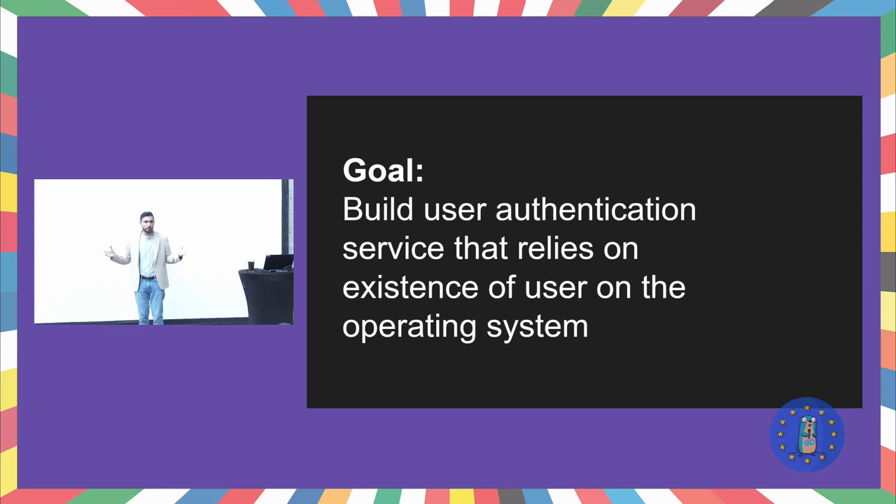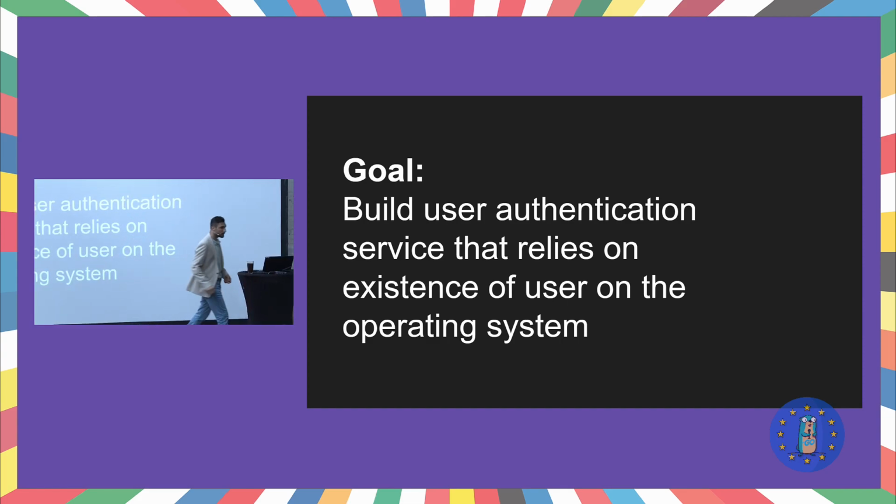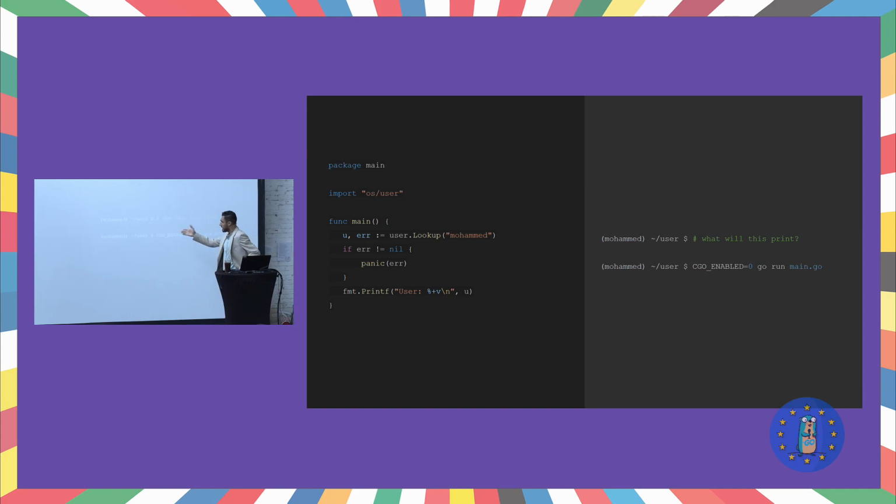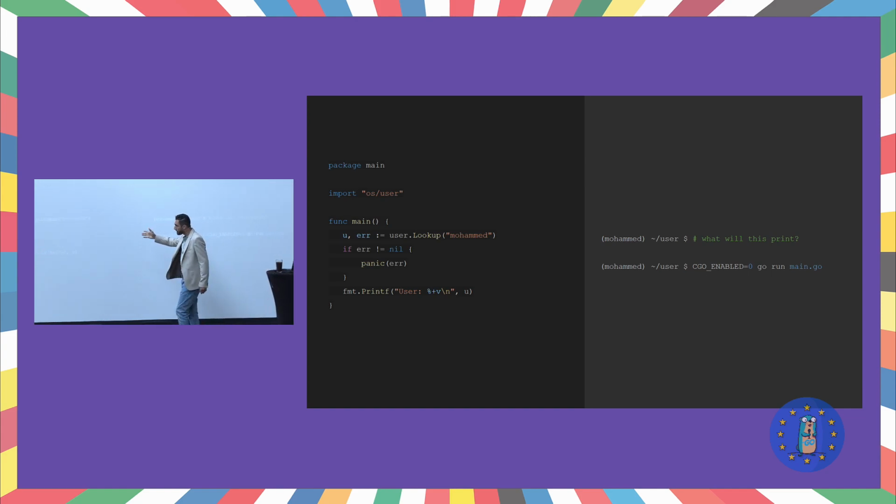So let's assume you're building an SSH server, so the user that's logging in should exist in the operating system, and if the user exists and the credentials are right, you let them in. So this is the typical code you're going to write.